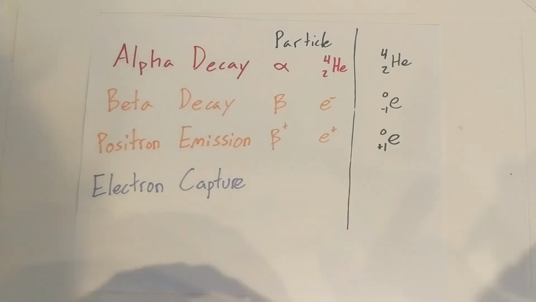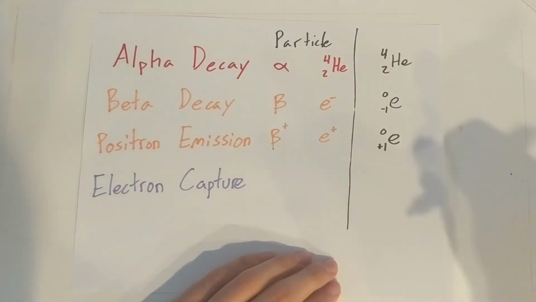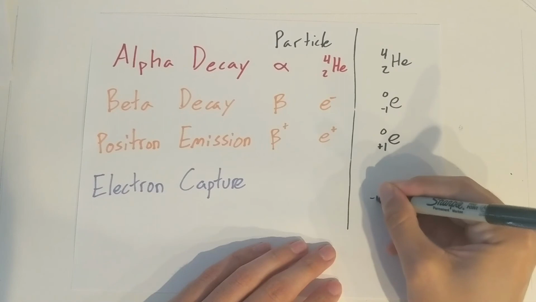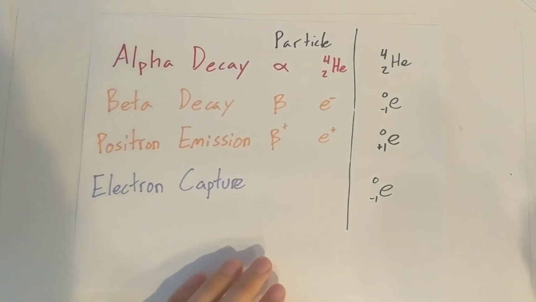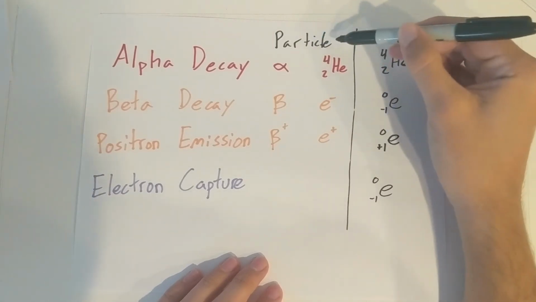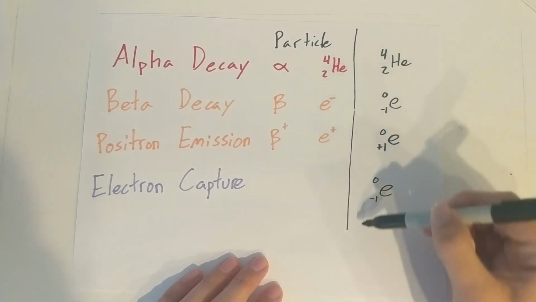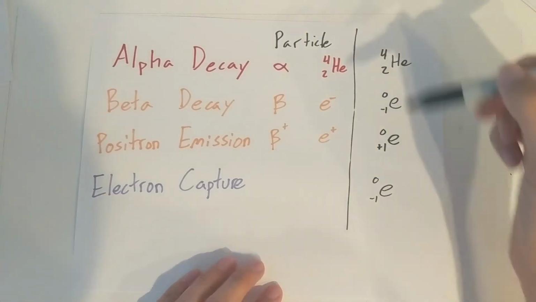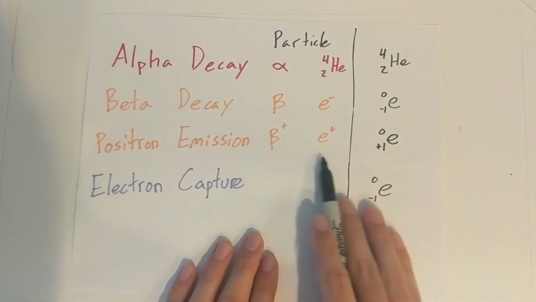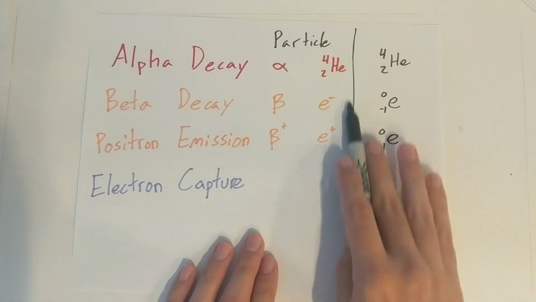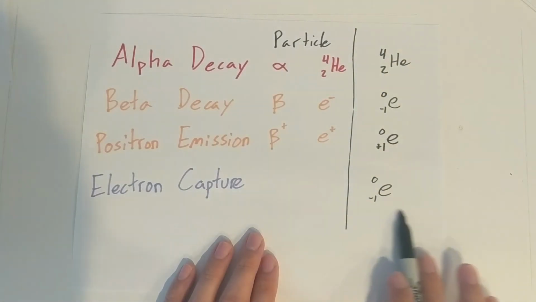And we would just write the electron capture in our equations just like an electron. So these aren't necessarily how you write the particles out, but it helps us with the math that we're going to see in these problems. So I want to make that clear. This is how they would be written out in chemistry. This just helps us with the math.